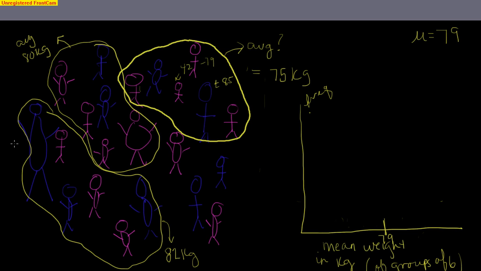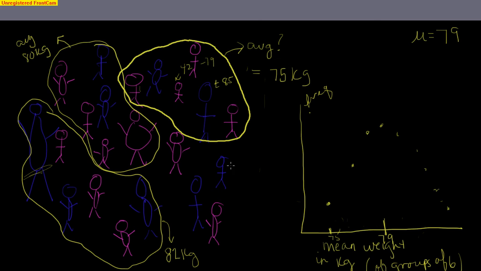Okay, because our men and women are all mixed up, we're not going to get that bimodal again. We're going to have some smaller groups, maybe somebody down here around 75, but there won't be as many of them. They're going to hover closer and closer and closer into that mean. And we'll have a few heavier groups. Maybe somebody in there's really heavy, and that group will be a little bit farther out here.